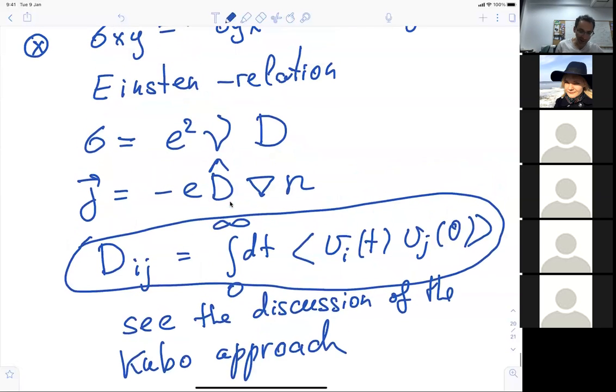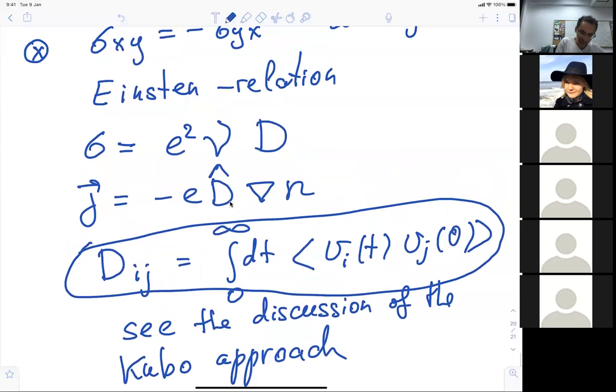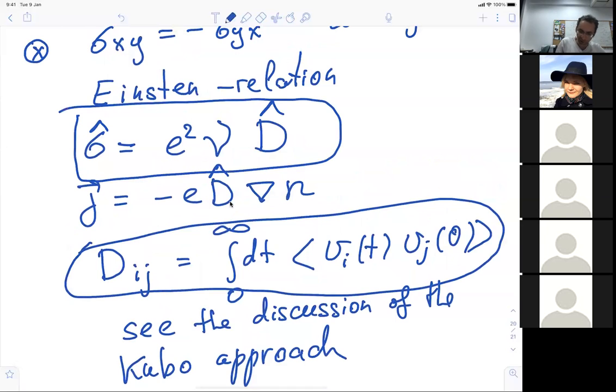Now, the statement about the Einstein relation, and I'm not giving any proof, is that this relation holds in the presence of the magnetic field, in which case sigma is just the antisymmetric matrix we have computed, and D is the diffusion matrix we have not computed, but we could have.